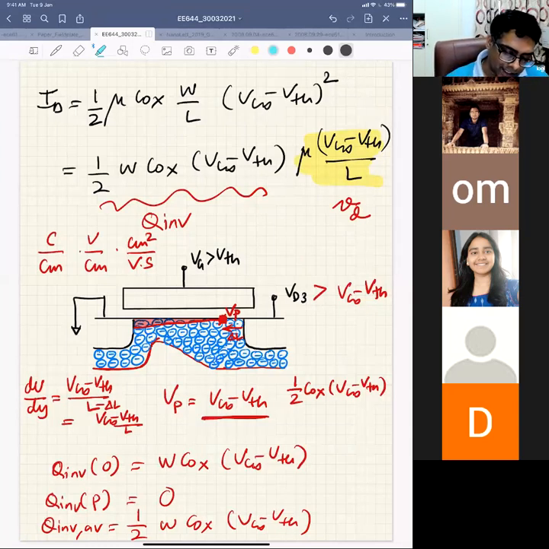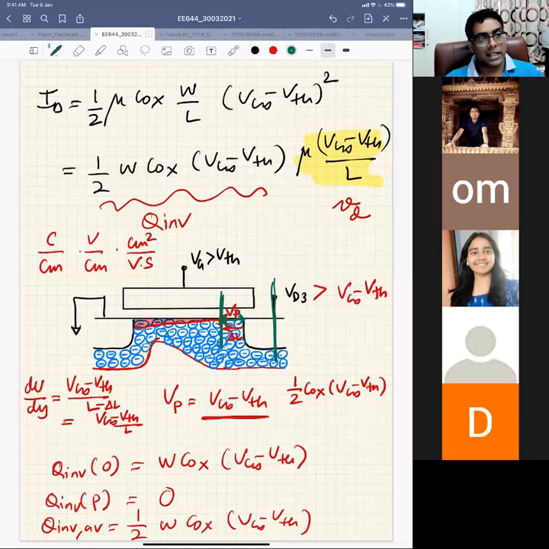If you look closely here, I have a voltage of VGS minus VTH, and I am applying a drain voltage here. So there is a voltage difference between these two points, and that voltage difference is VD minus the pinch-off voltage.